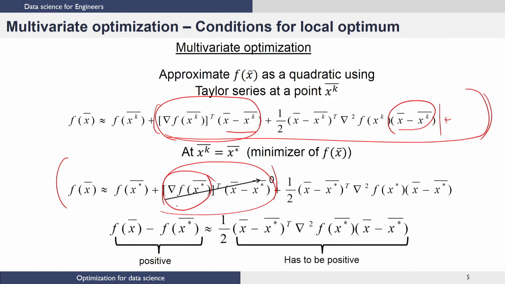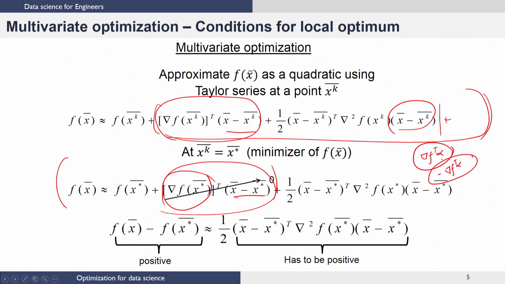To see this, if I take a particular direction alpha and say grad f transpose alpha, if this number turns out to be negative, then if I go in the opposite direction of minus alpha, this will be positive.